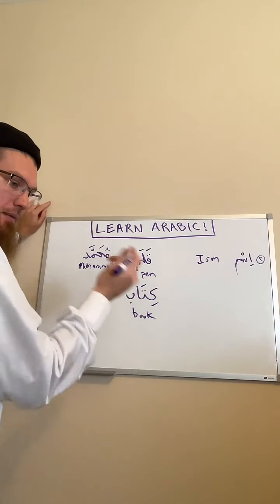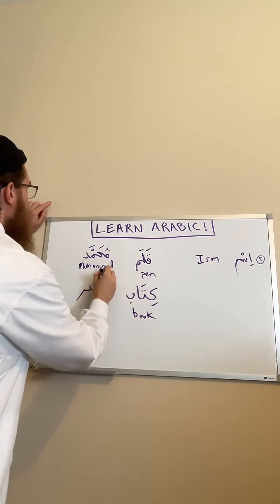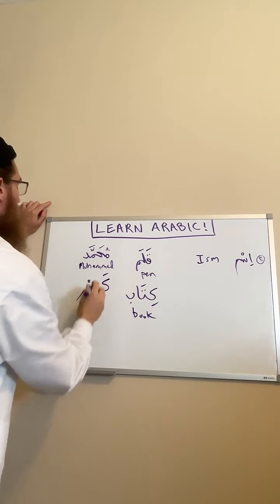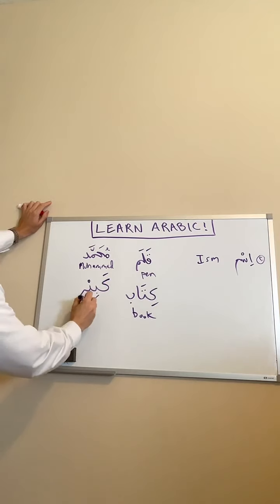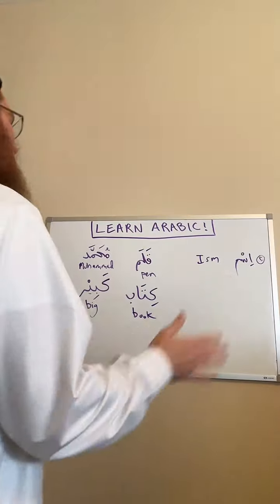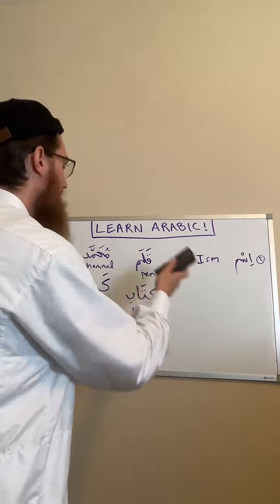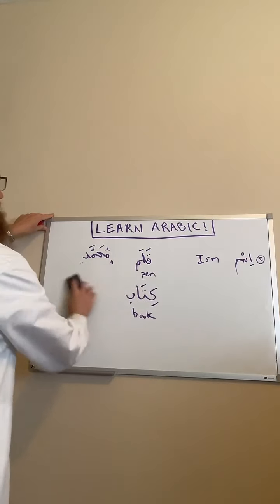Also, we could say adjectives. Kabir means big. Complete meaning, no relation to time. So this is the ism. So once we understand the fi'l, we want to build our vocabulary and memorize different words. Once we know the ism, we want to build our vocabulary, memorize words.